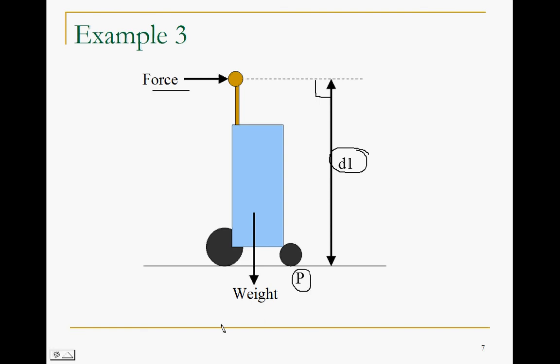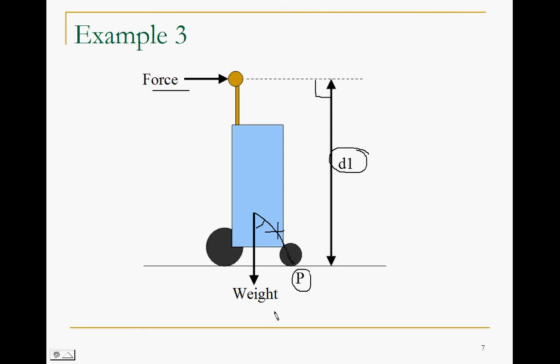Similarly, if you want to calculate the turning effect of this weight about this point, you must also identify the correct perpendicular distance. Now, if a student tries to draw it this way, straight down, assuming so, this is not the correct perpendicular distance, right? Because this is not 90 degrees. So where is the perpendicular distance?